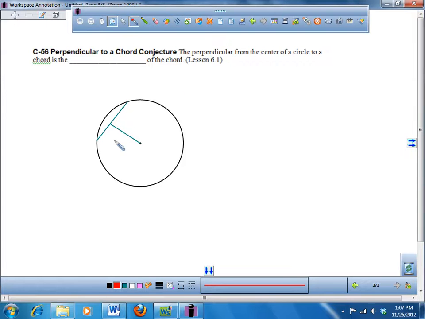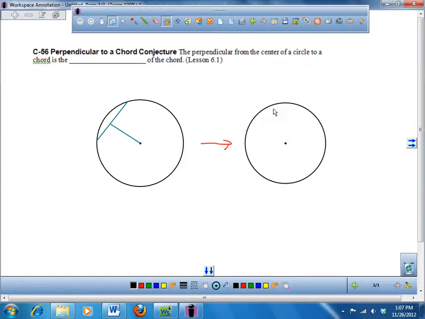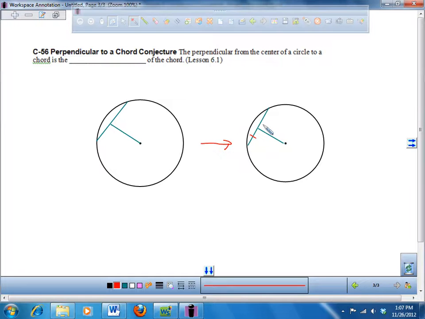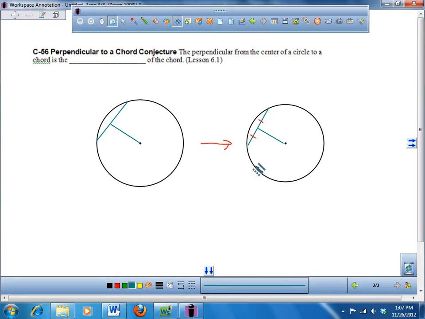And there are reasons. If that's true, then it cuts this chord into two congruent pieces. Got it? And the reason for that is, if you think about it, what's really going on here is I have congruent triangles, because if I know that this is perpendicular, it means both of those angles are congruent.